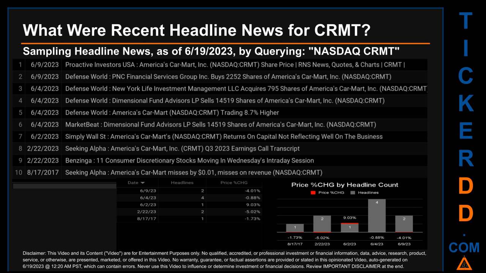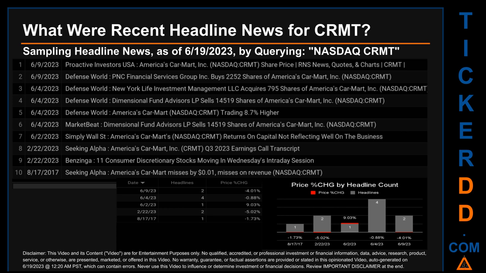Sunday, June 4, 2023 had the most headlines. It had 4 discovered headlines when Defense World published the headline that read, PNC Financial Services Group buys 2,252 shares of America's Car Mart. Defense World published the headline that read, New York Life Investment Management LLC acquires 795 shares of America's Car Mart.